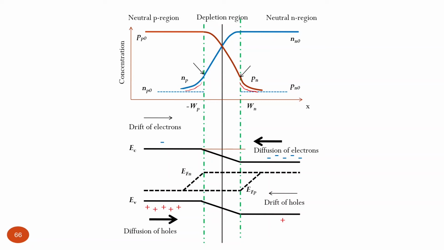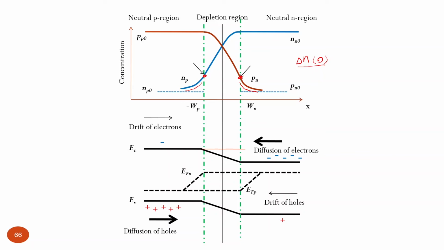And also, in our derivations we used the term delta n at position 0. So far we don't know what this delta n at position 0 will be. We just say that at position 0 there will be some concentration of minority charge carriers.